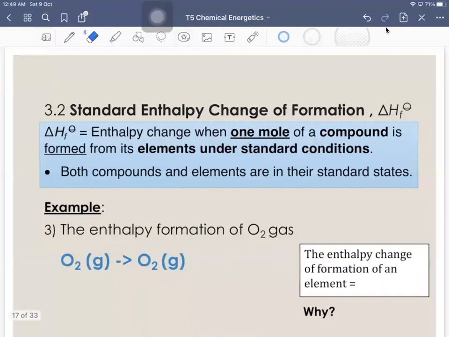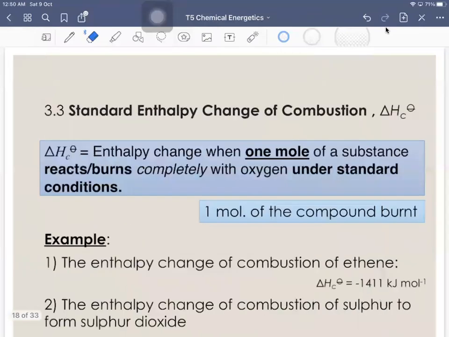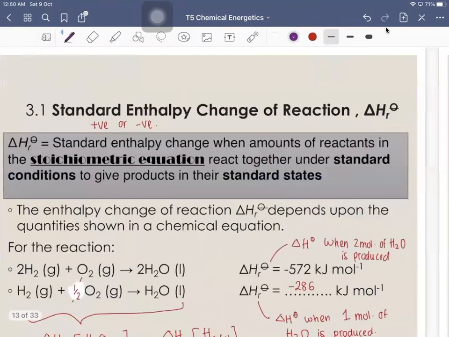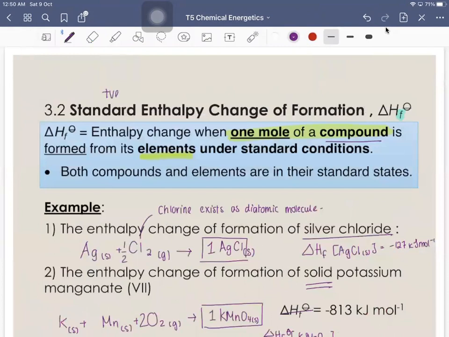Next is the enthalpy change of combustion. The enthalpy change of combustion is always negative. I forgot to mention that the enthalpy change of formation can be positive or negative.